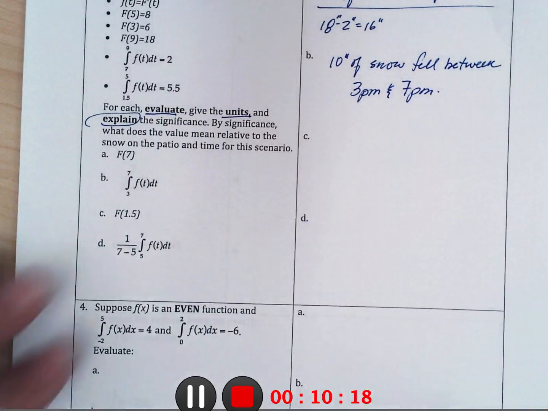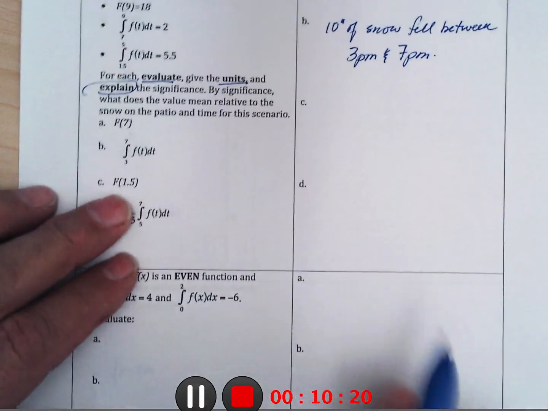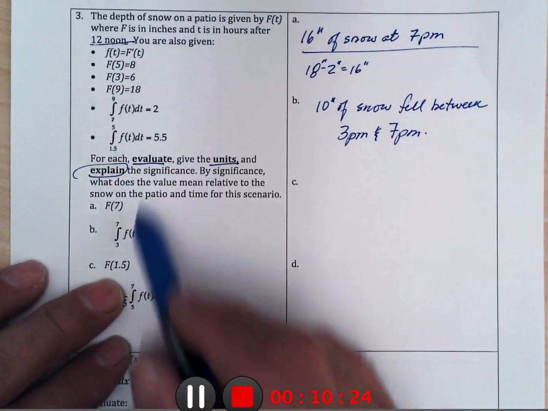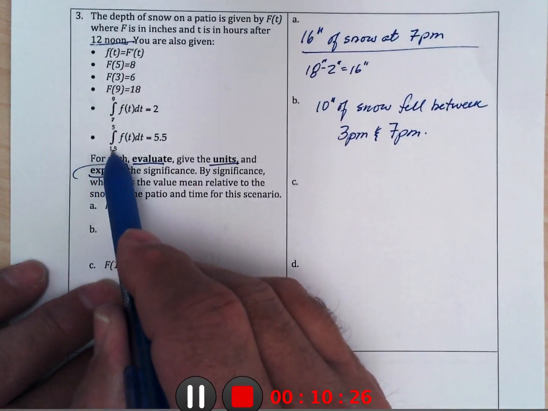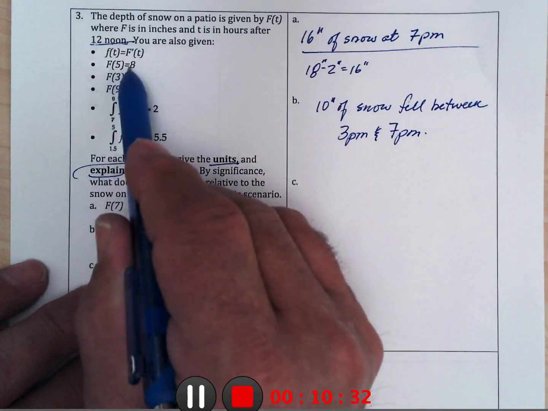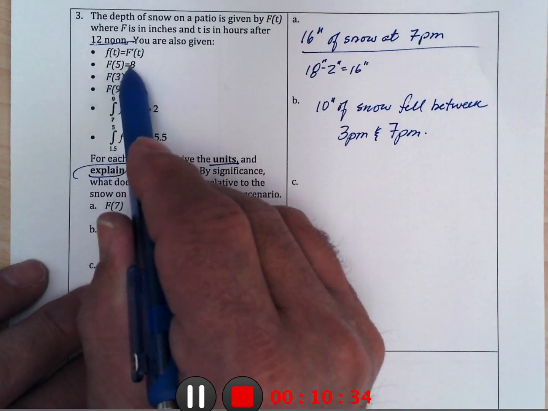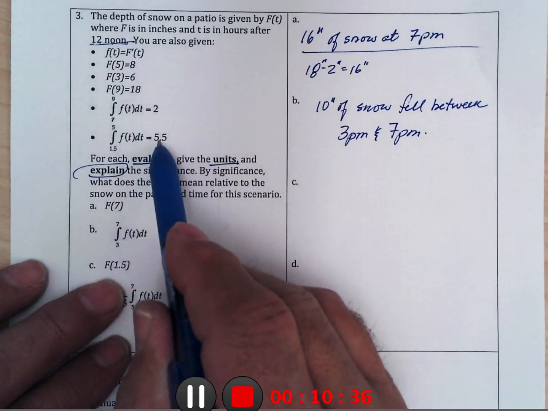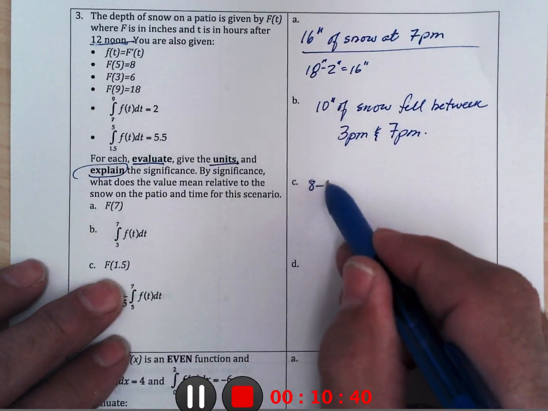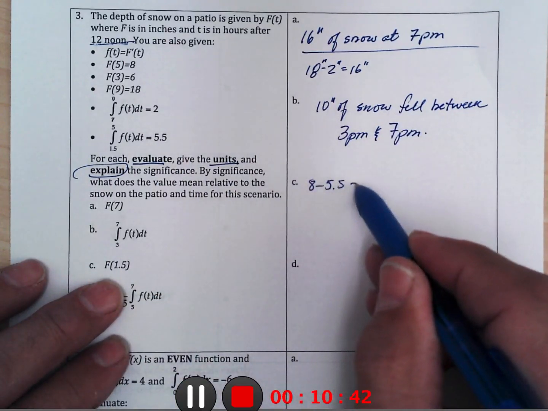Next says, how much snow was there at 1:30? Well, 1:30 is on this one. 1:30 to 5, 5.5 inches fell. Well, at 5 there was 8 inches. So if we back off the 5.5, 8 minus 5.5 is 2.5.